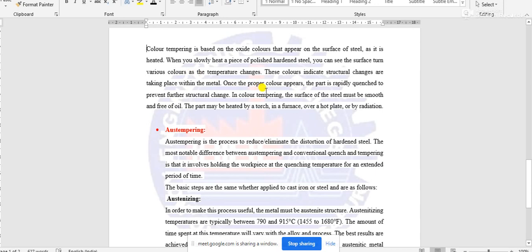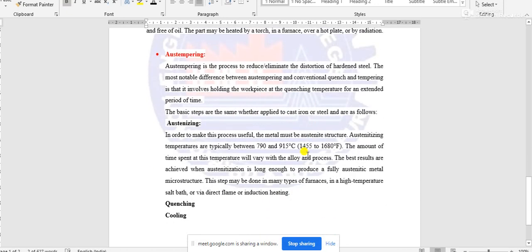This color tempering indicates that structural changes are going to happen or are happening in the steel, because at that moment the metals present in the steel react with the air or the oxygen and make oxides, and that's why the surface of the heated steel looks colorful. Okay, that is called color tempering.